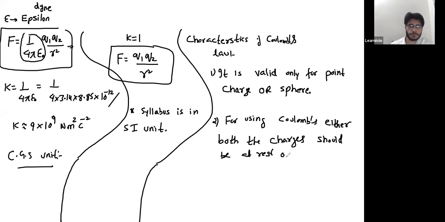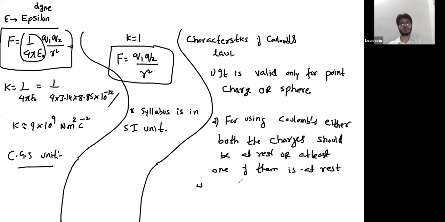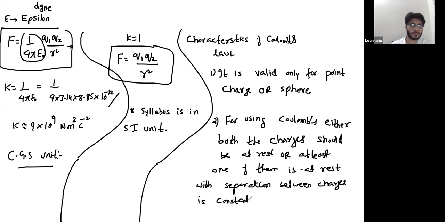Or at least one of them is at rest, with separation between charges constant. So the first characteristic is you can use Coulomb's law only if both the charges are point charges or both the charges are spherical bodies.